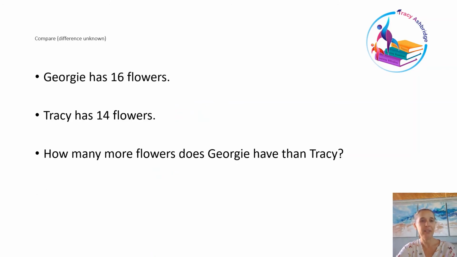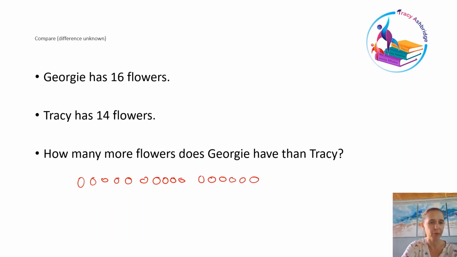And in this one, we're now comparing things, looking for the difference, but the difference is unknown. Now this is tricky for some children, and I often teach this by getting them to lay them out. So Georgie's got 16 flowers, so I get them to draw 16 flowers. I usually try and group them to make it easier.